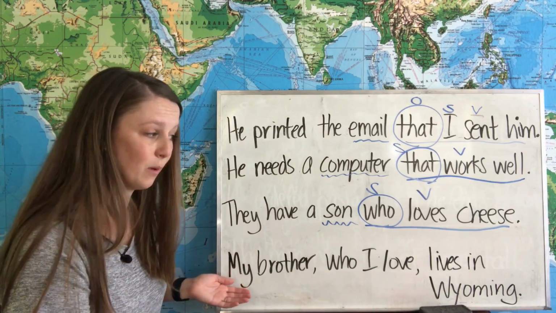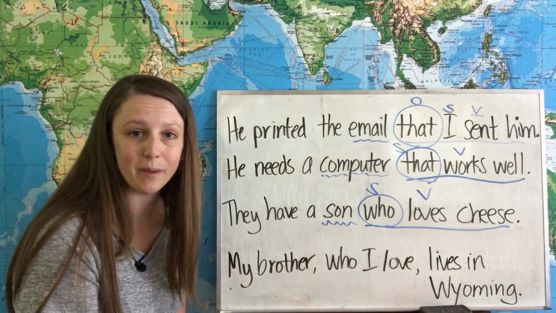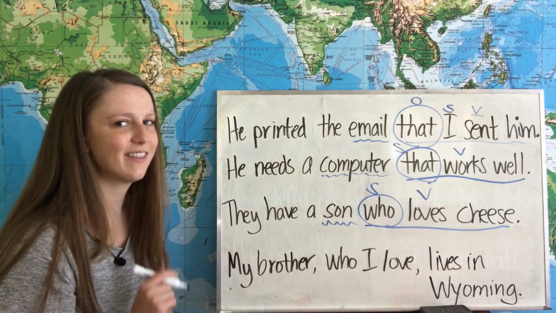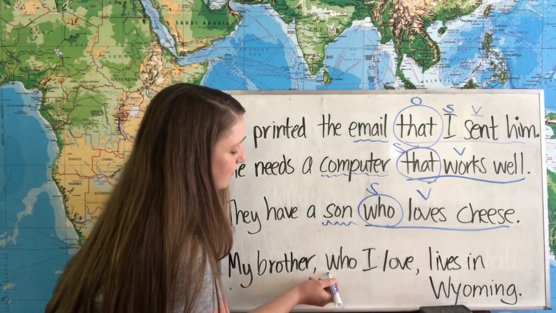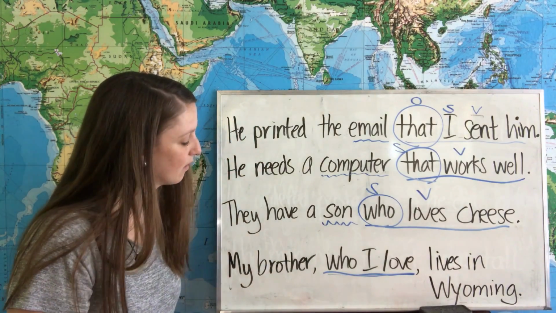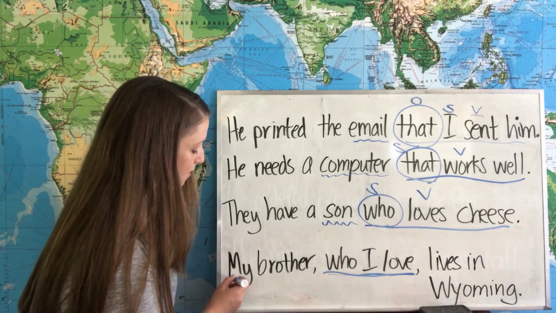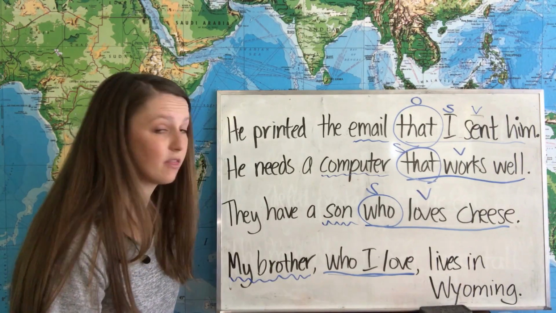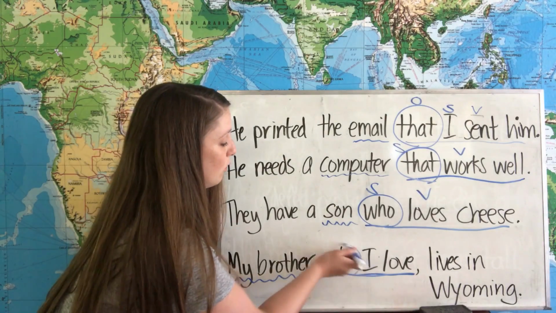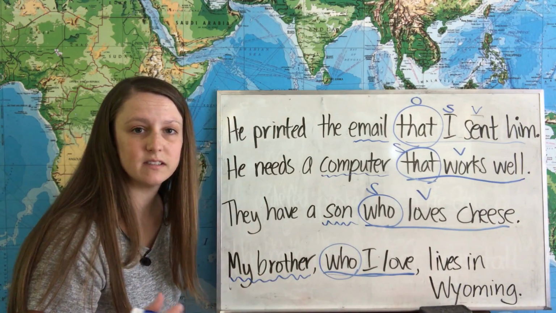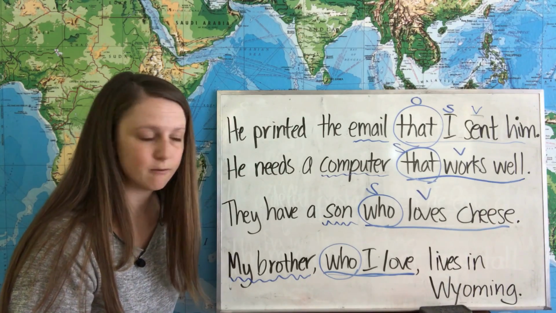One more example here. My brother, who I love, lives in Wyoming. Our adjective clause here is not at the end of the sentence, but in the middle. We have our adjective clause, who I love, and it's describing my brother. And the relative pronoun is who. And we have to figure out if it's a subject or object relative pronoun.